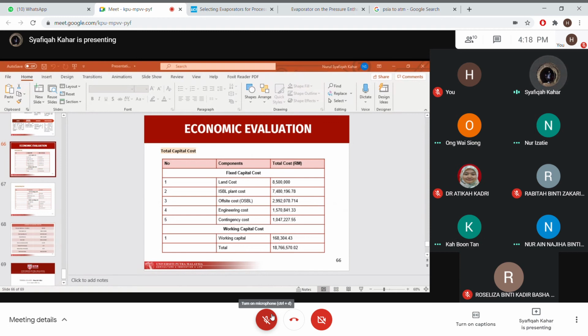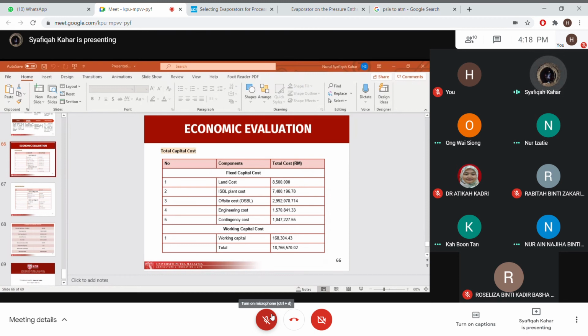Okay, from what I understand, ISBL includes the process equipment that we make for the new plant, based on the calculation and formula from the chemical engineering design.